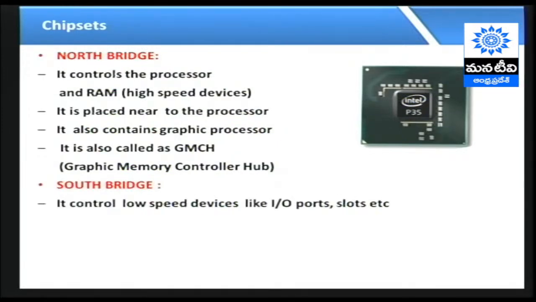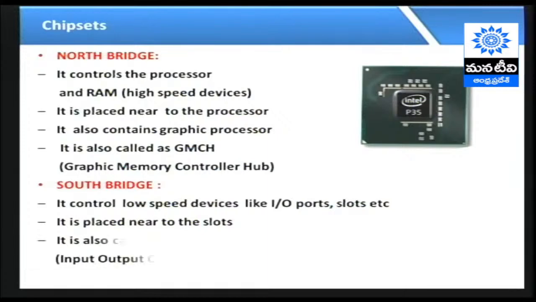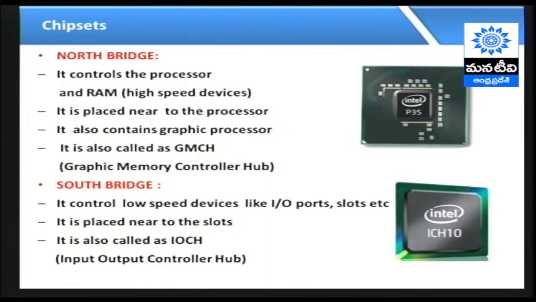It controls low speed devices like input output port devices and slots, expansion or reserve slots. It is placed near the slots, which slots, expansion or RAM slots. It is also called the IOCH, input output control hub. These are the two types of chipsets available on a computer motherboard.